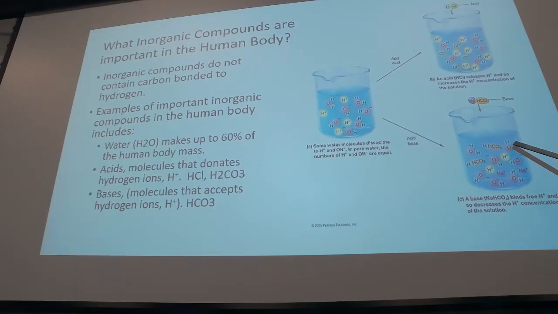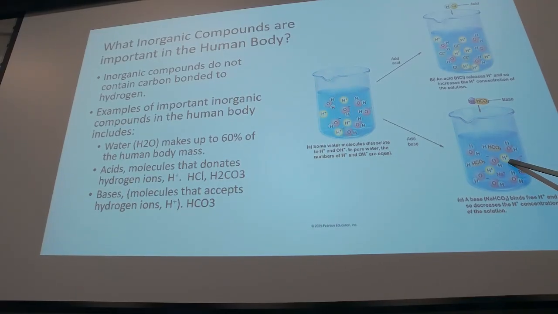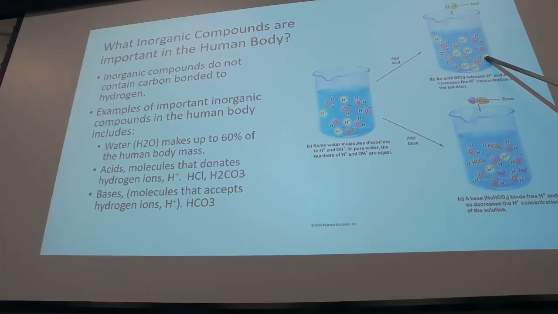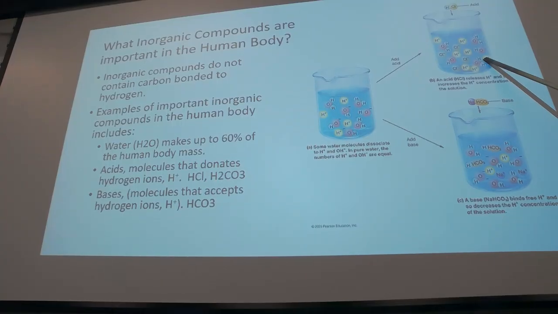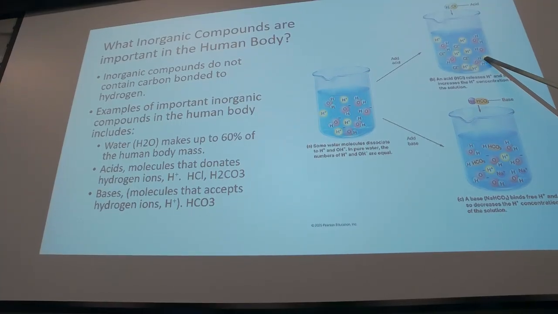And that will decrease the hydrogen concentration in the solution. So in this case, the pH is going to be basic, greater than 7, so it can be 7.1 and above, while in here it will be 6.9 and below.